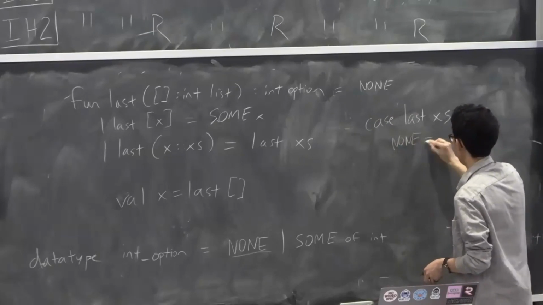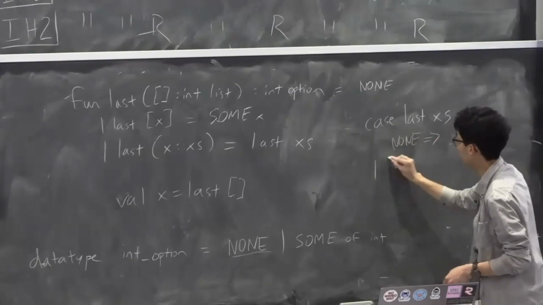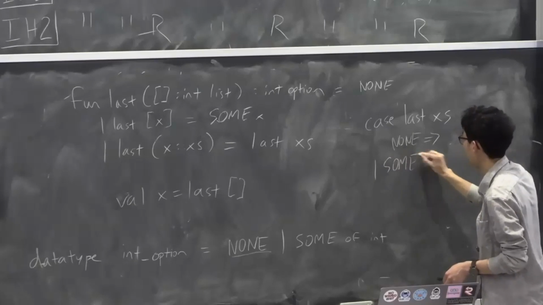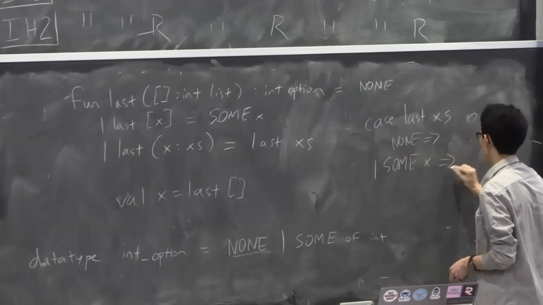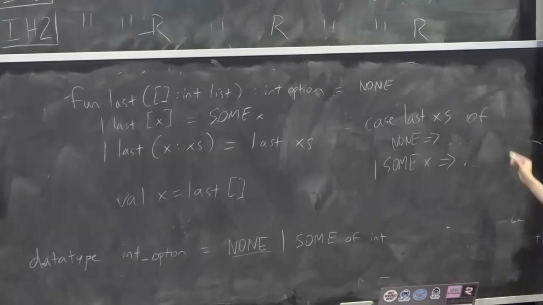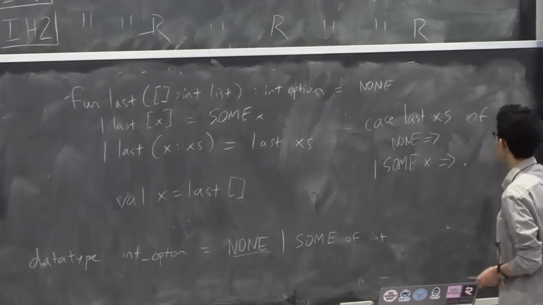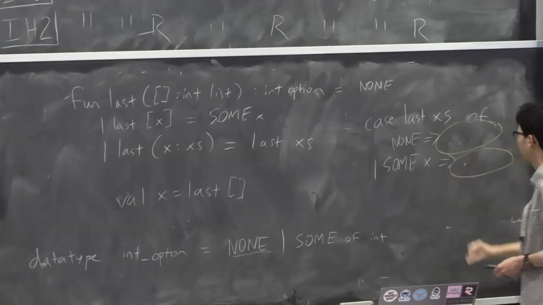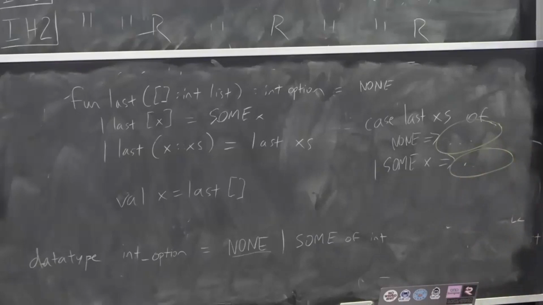The None case where they get to do something, or the Some of x case where they now have an int called x and they do something. But now there are two cases, two branches for this function. Okay. Now I have agency. Now I can use this function however I like. That's the power of options.